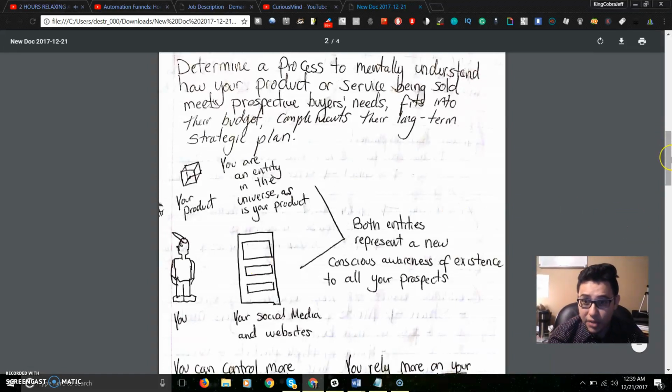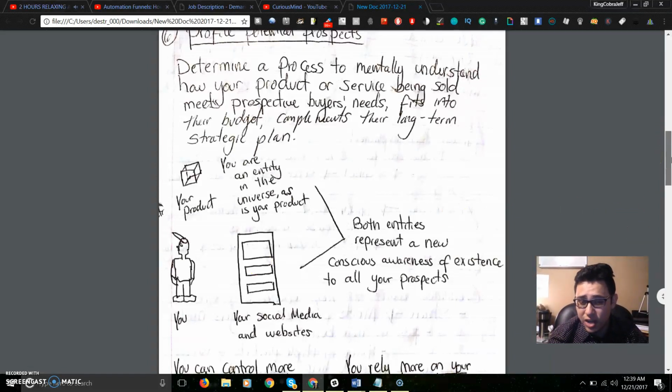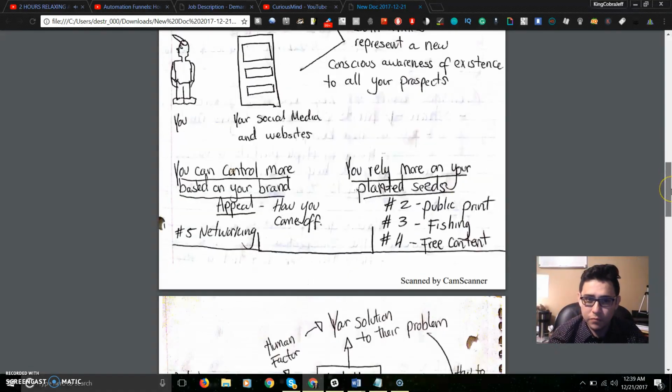So both entities represent a new conscious sense of awareness of existence to your prospects. So it's completely new concepts, completely new ideas. And of course, how you come across helps in whether they would be interested or not.